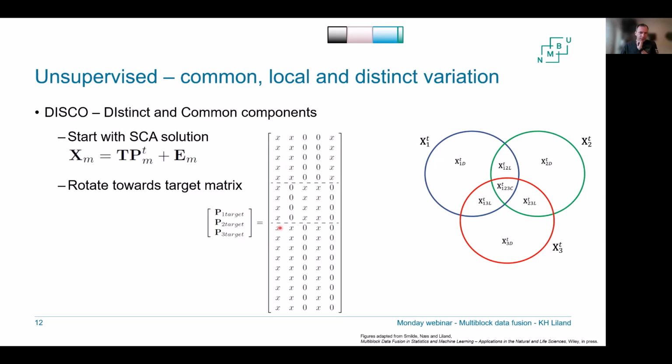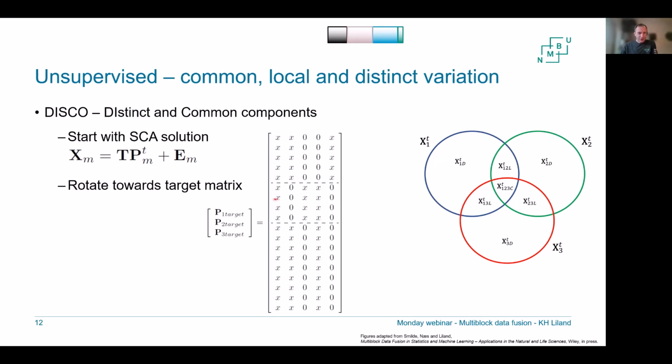If we have X's in the target, it means that we don't care too much about what happens here. If we have a 0 in our target, it means that we will try to get a 0 in this position. And this is made up in such a way that we have the first block up here, the second block in the middle, and the third block in the bottom here.